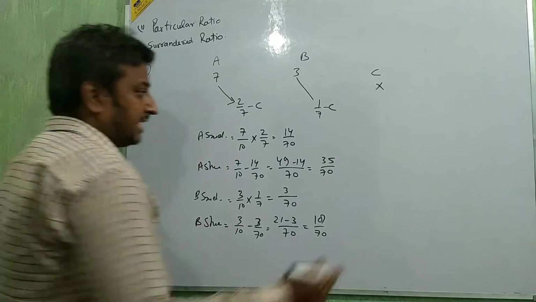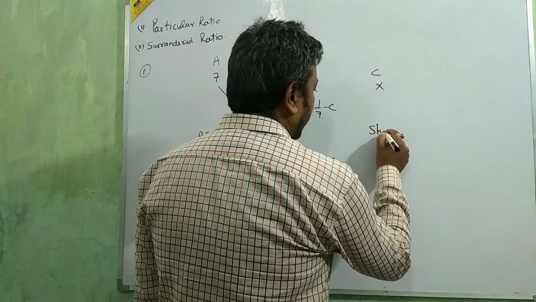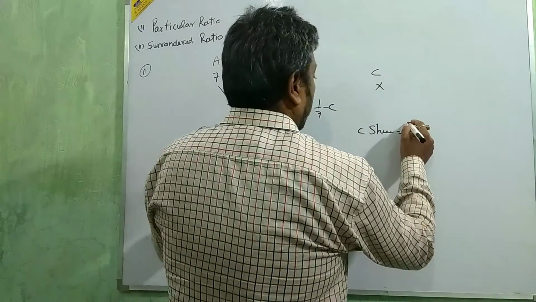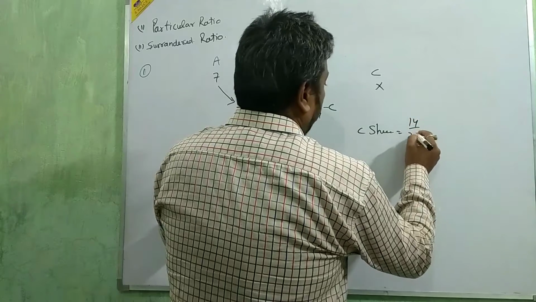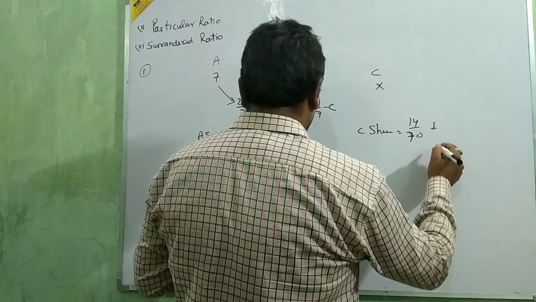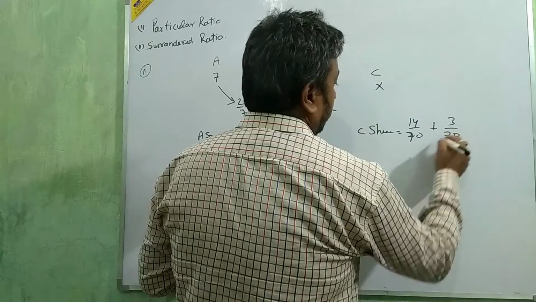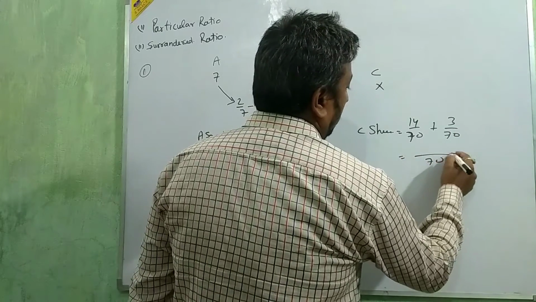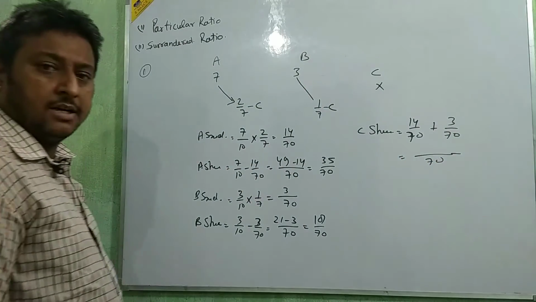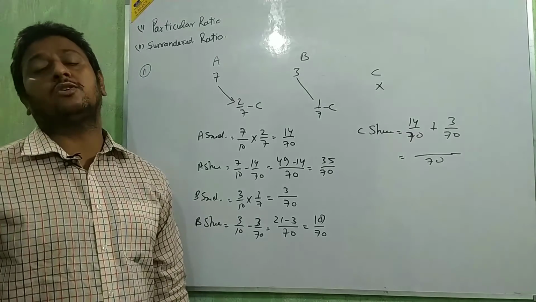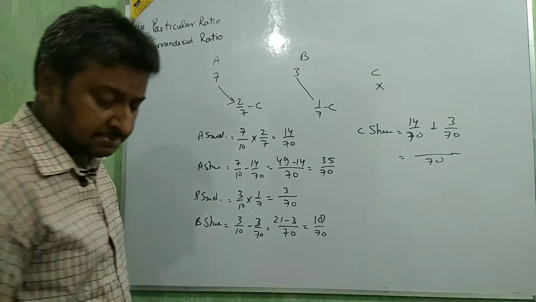Okay, and the ratio of C is equal to C's share: A surrendering 14/70 plus B surrendering 3/70. We total this amount because both are surrendered, and the total is equal to the ratio of C.